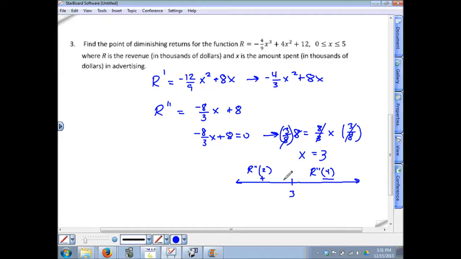So we've shown that this is concave up, and then it switches to concave down. So this is a point of inflection, and this is the point x equals 3, but it's in terms of thousands of dollars spent in advertising. So the point of diminishing returns is x equals 3, so that's $3,000 should be spent in advertising.